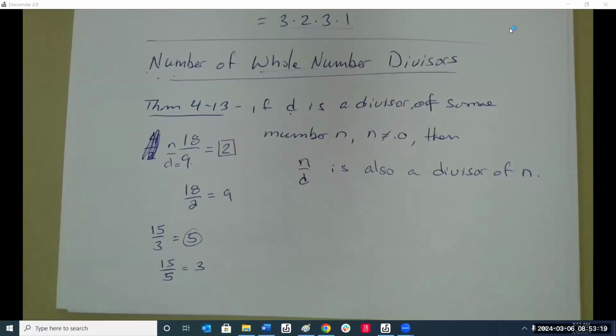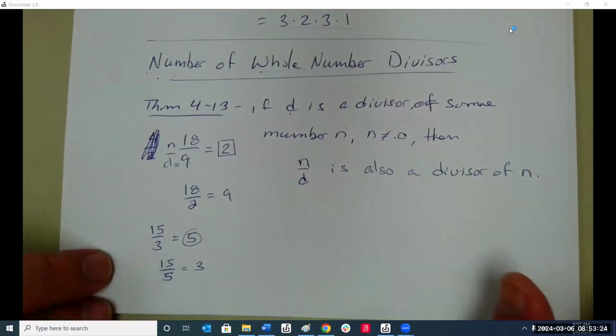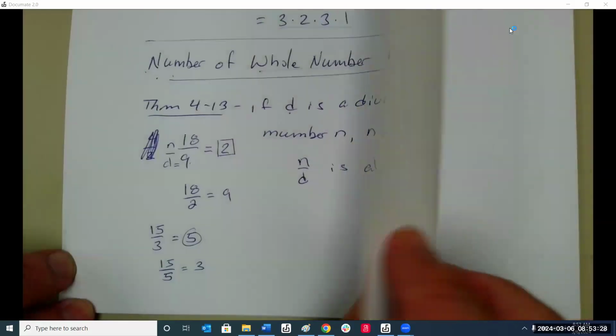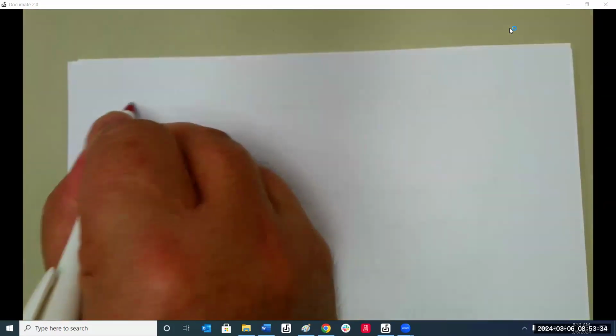Which brings us to another theorem. There's theorems for everything. The next theorem is 4-14.